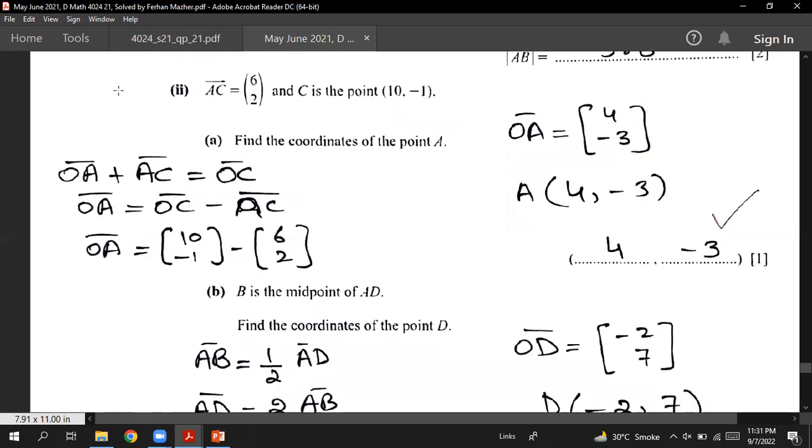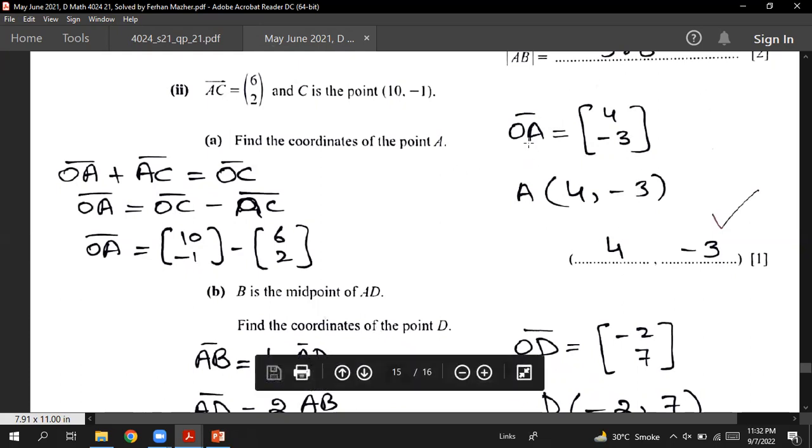We know OC. OC is the position vector of C, and because you know the coordinates of C, that is also the position vector of C. So that will be 10 and minus 1, and minus AC is 6 and 2. 10 minus 6 will be 4, and minus 1 minus 2 will be minus 3. So the position vector of A is 4, minus 3.